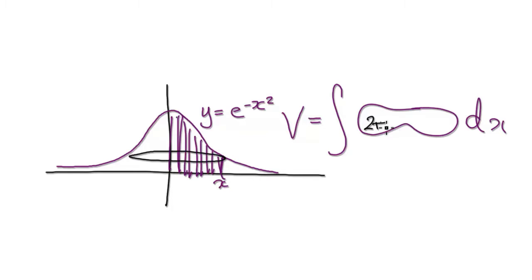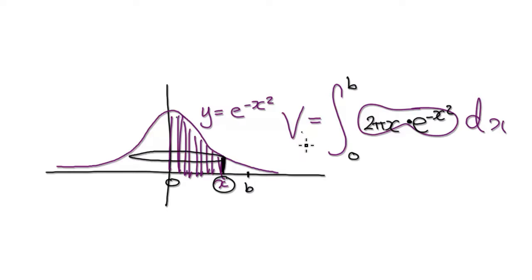So 2 pi r is 2 pi x here, and then we will need to times by the height of the cylinder, which is given by e to the minus x squared, and then we're integrating it from 0 to, well, we want to take it all the way to infinity, but let's do it to b. So we're going to integrate it to b.